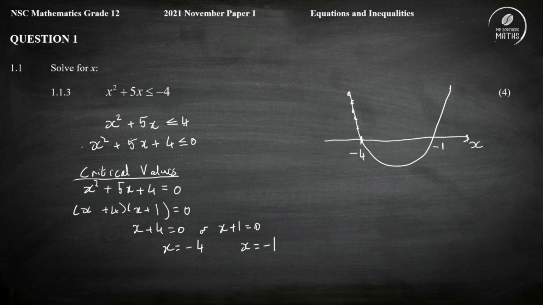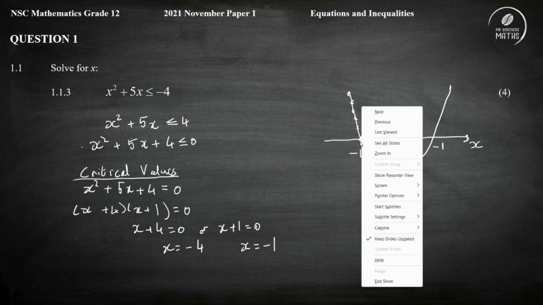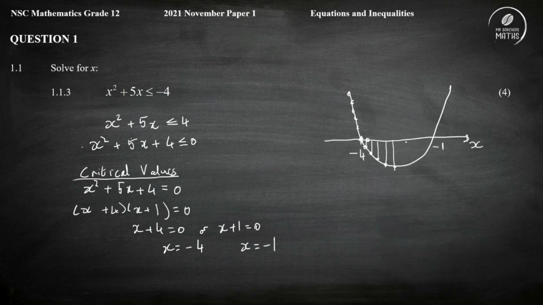But here we are interested in which values of x map onto negative output values. So here are all our negative output values, and it is the x values that are between negative 1 and negative 4, or that is negative 4 inclusive, because it's less than or equal to 0. So 0 as an output value is included.